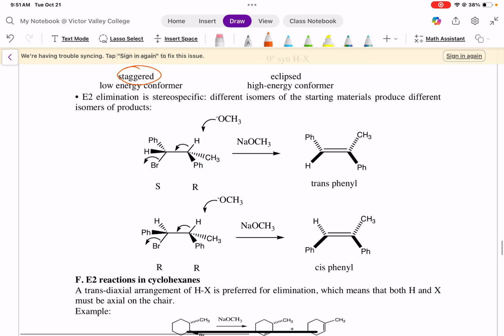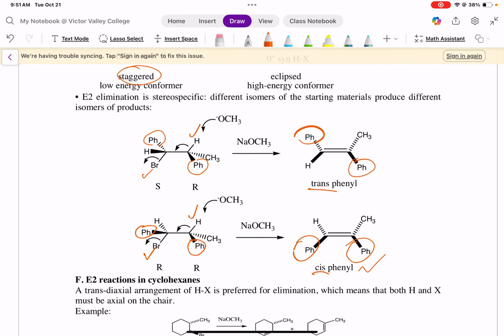Here's a couple examples. If we've got the two phenyls opposite and perfect, with the hydrogen and the leaving group opposite, anti, we end up with the two phenyls opposite, meaning trans. On the other hand, if the two phenyls are on the same side, with the hydrogen and the Br in the correct conformation, we end up with the cis.